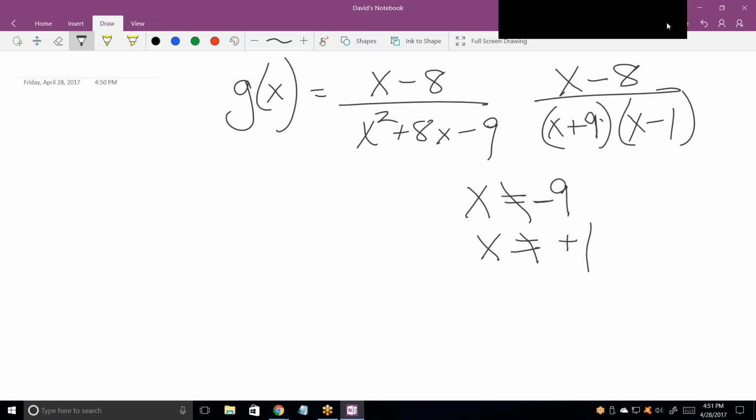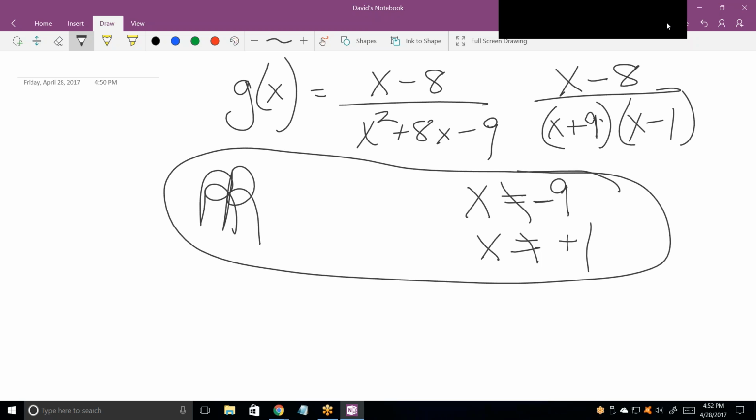Now, do they have a particular way that they want you to give the answer? There's various ways to give the domain. It says x equals. You could say all reals except x not equal to that, or you could give interval notation. Are you familiar with interval notation? Yeah. Which one do they want you to use?